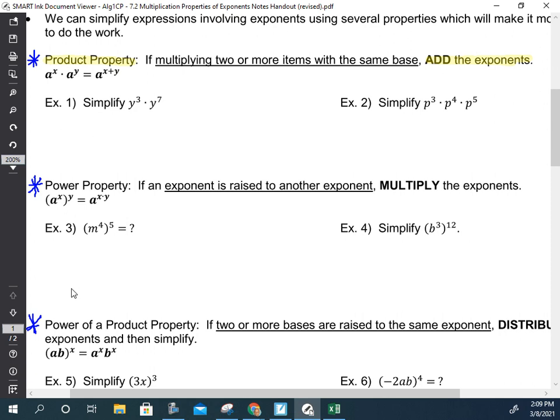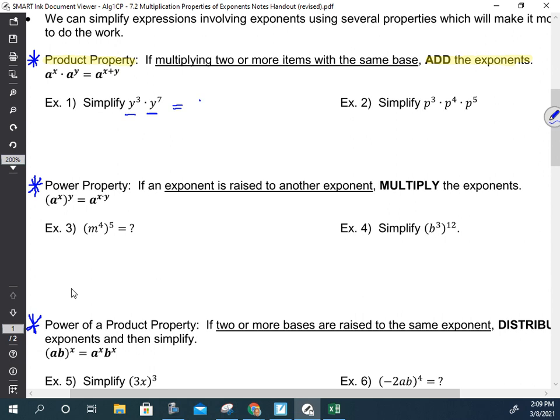So example 1. We're being asked to simplify y to the 3rd times y to the 7th. So the base is y. So we're multiplying 2 things with the same base.